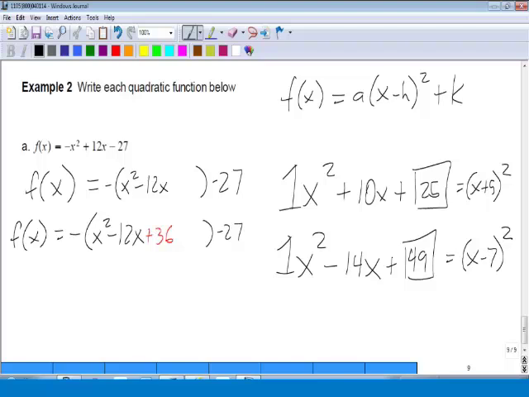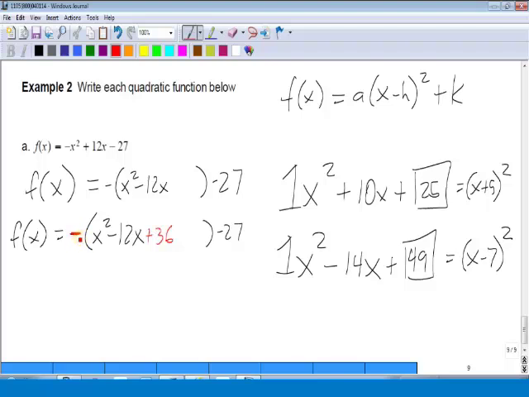Negative 9. Well, because you move the 27 over to the right side. Well, what's the same about these is they both have a minus 27. So the minus 27 wouldn't be any difference between them. The only difference is what's in red, or maybe what's in red. The difference is negative 36.